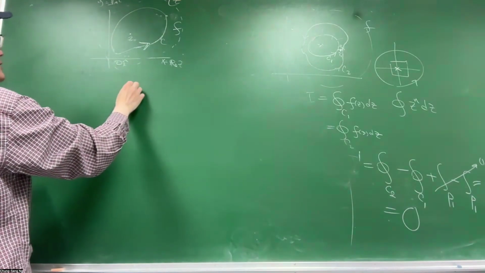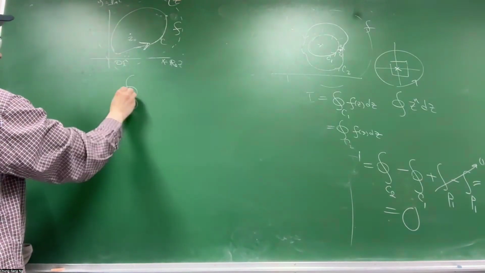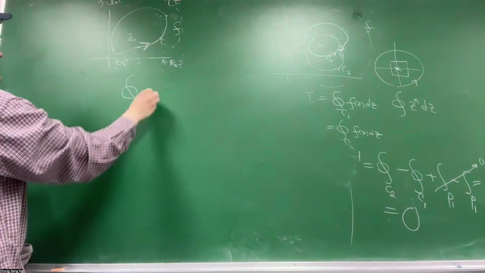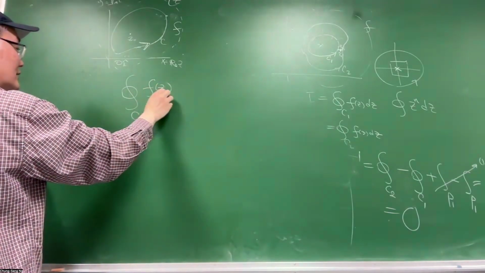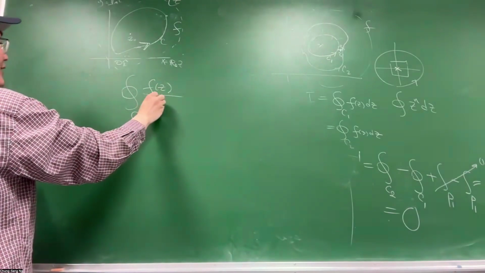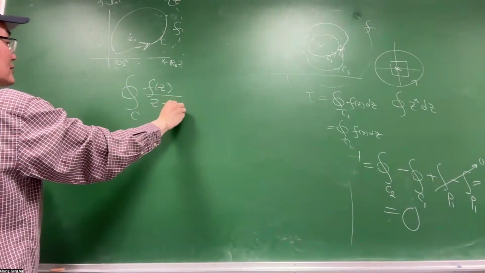Then you consider this integration, f of c. So instead of just f of c dc, you are dividing by a factor c minus c sub 0.